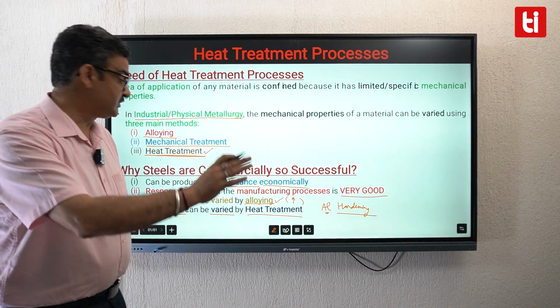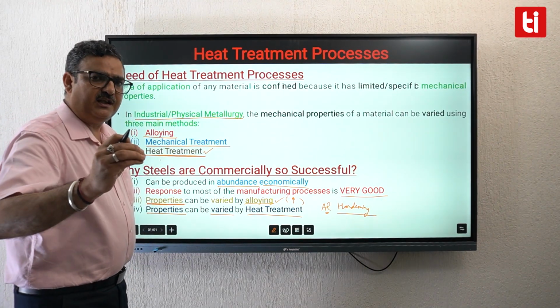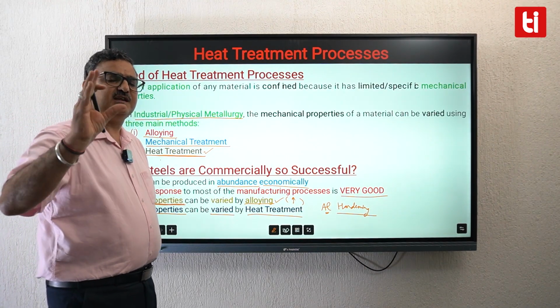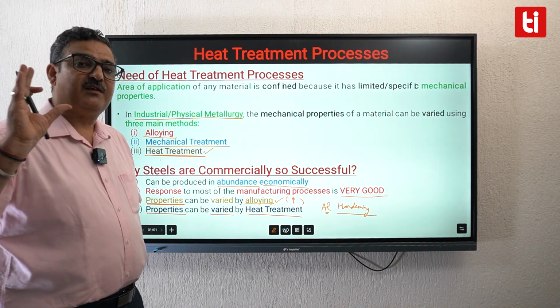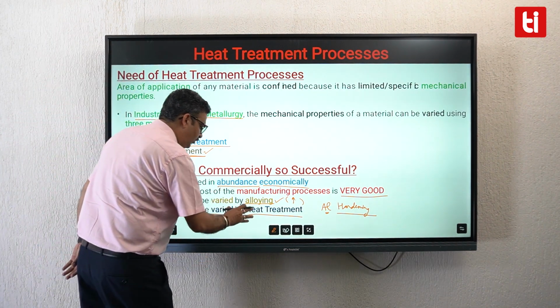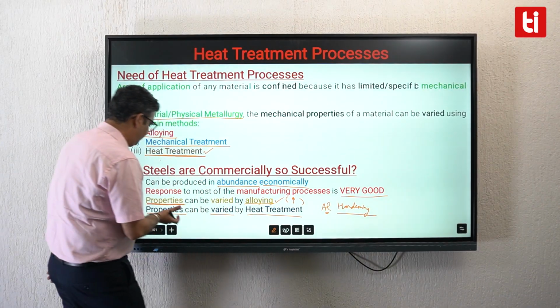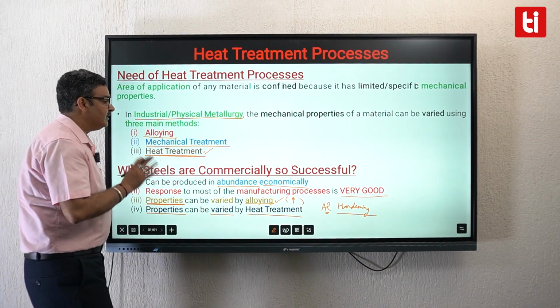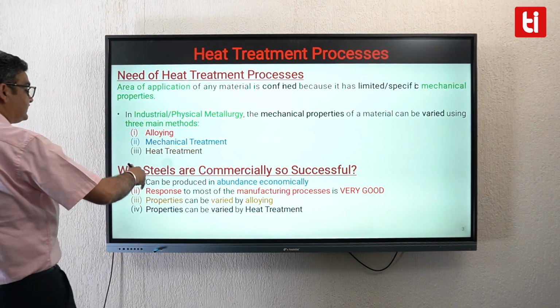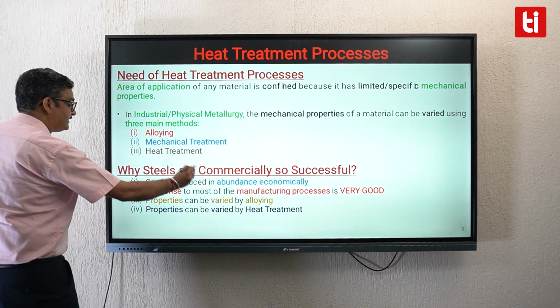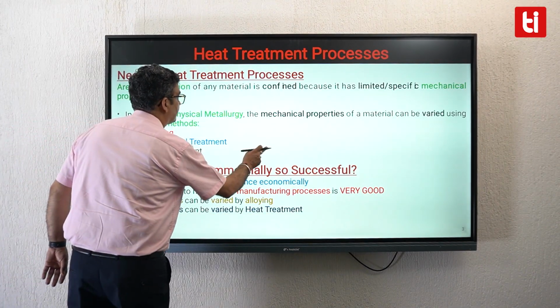But steel, whether it is annealing, normalizing, hardening, or tempering heat treatment, will respond to every heat treatment and modify its properties accordingly. So this is why steels are so important. All these reasons make steels that important.